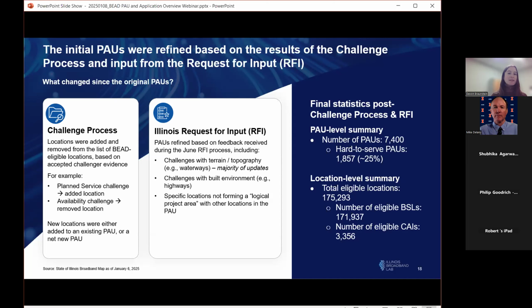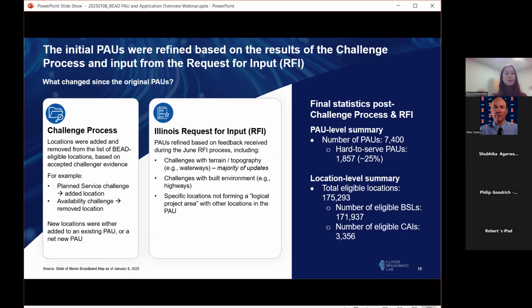On the flip side, if we accepted an availability challenge, it means that a location that currently was not marked as BEAD eligible was flipped to be marked as BEAD eligible and has been added to the map. And I might have them flipped on this slide a little bit, so I'll make sure to fix that before I share out these slides.